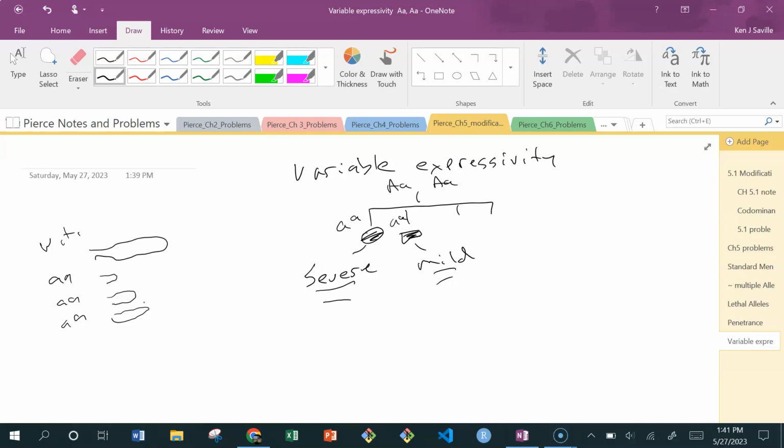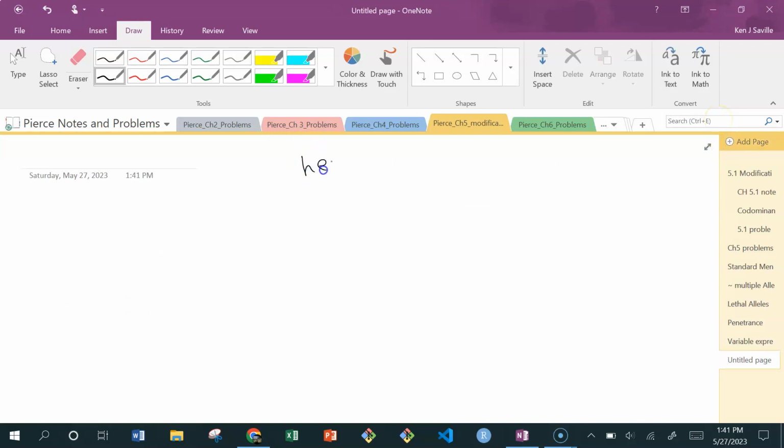And then the one last concept that it talked about was heteroallelic combinations, or maybe they called them compound heterozygotes. And what that means is, let's say you have two people carrying a mutant allele for cystic fibrosis, and they have kids.